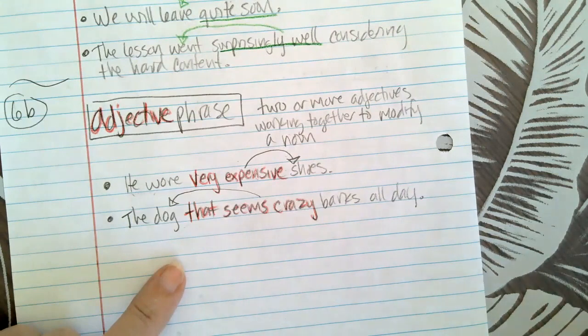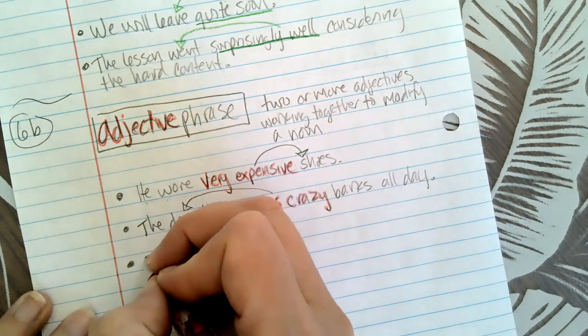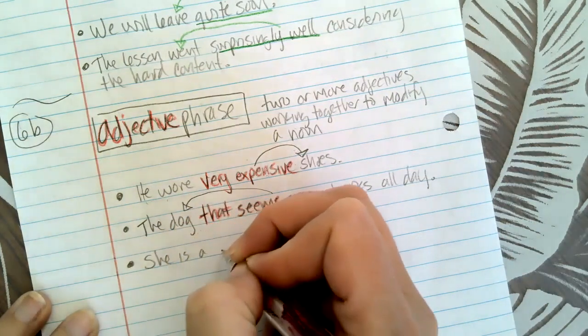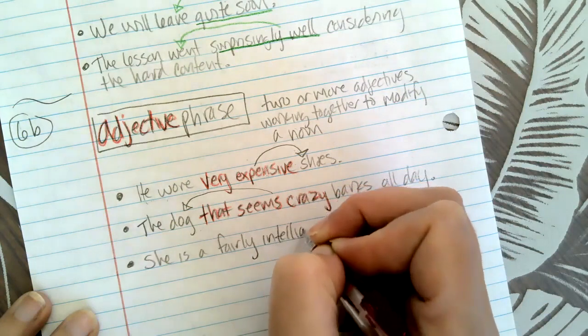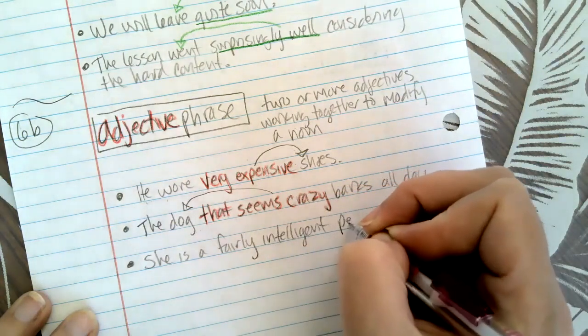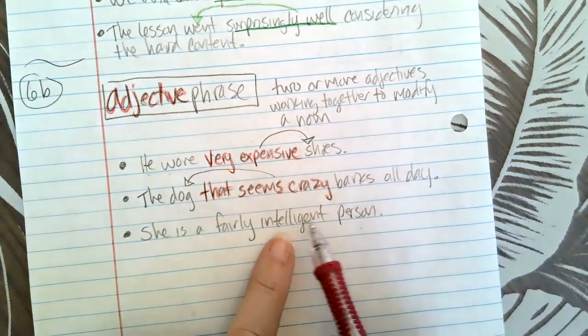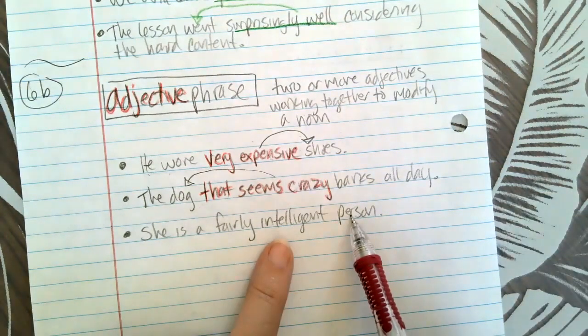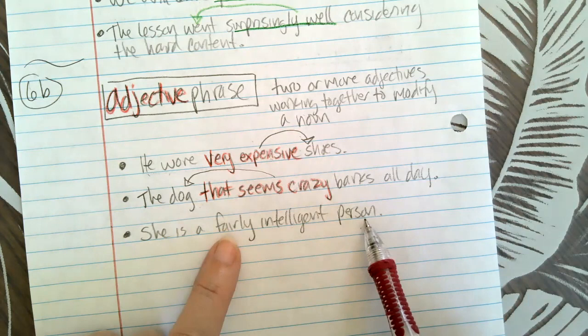Here's another one. She is a fairly intelligent person. So person is being modified by intelligent. She is an intelligent person. But fairly is adding to intelligent. We wouldn't say she is a fairly person. That doesn't make sense.